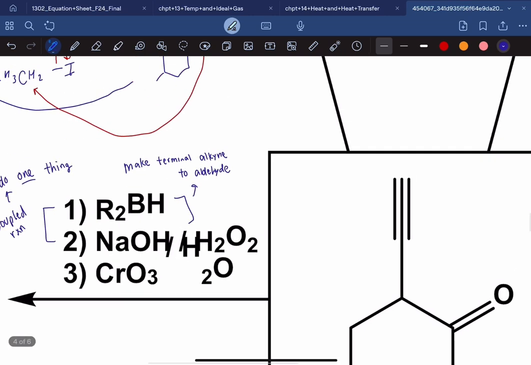And then you can also know that if it was internal, this is like a side note, internal alkyne to aldehyde. I'm so sorry, to ketone. Yeah, to ketone, not aldehyde. So since this alkyne is terminal, meaning that there's an H on this side, this is going to go to a, what, aldehyde or ketone? Aldehyde.